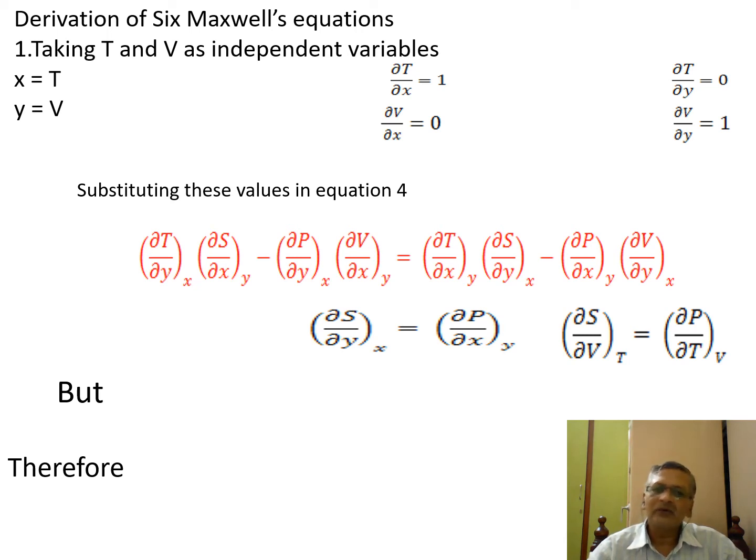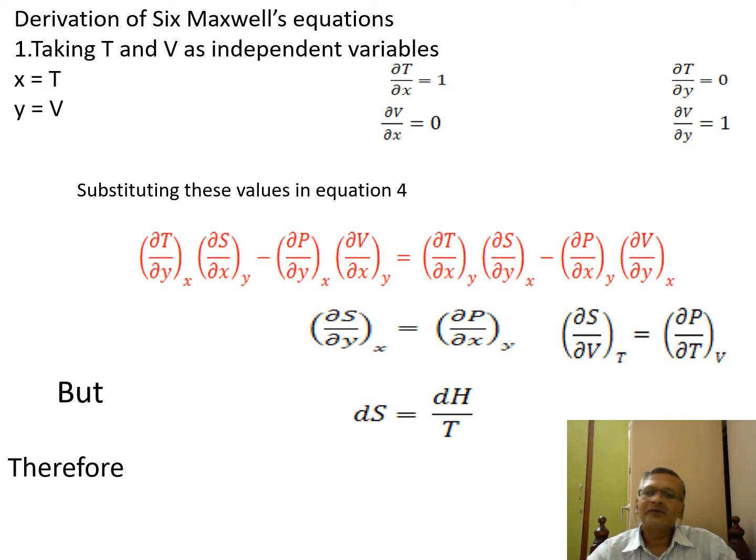But we know the second law of thermodynamics as ds is equal to dh upon T, or ds is a complete differential, ∂s is partial. If we make them equal, we can replace ∂s as ∂h upon T. Therefore, it becomes ∂h upon T, 1 into ∂v upon ∂v, is equal to ∂p upon ∂T.